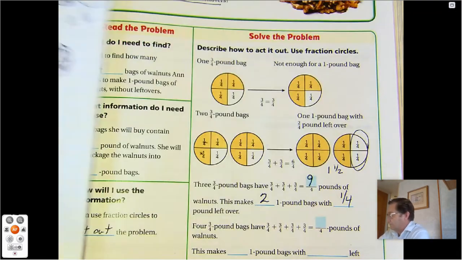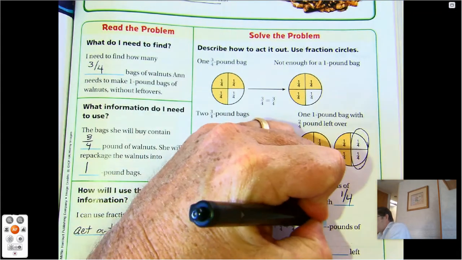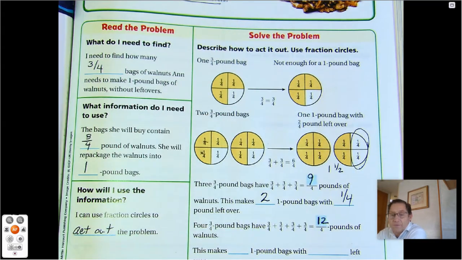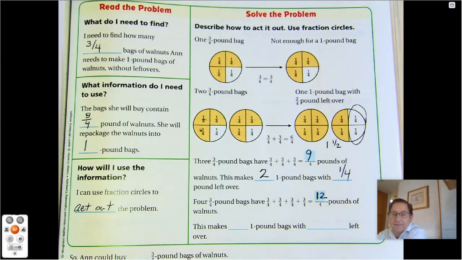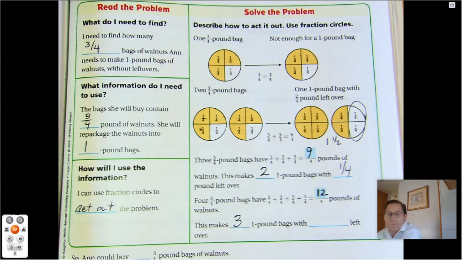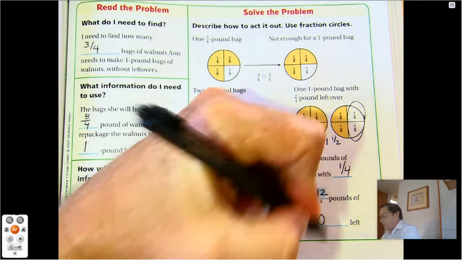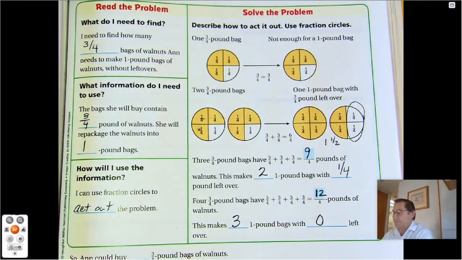All right. So if we have four 3/4 pound bags, we have 12/4 pounds of walnuts, which would make 3 one-pound bags with 0 left over.